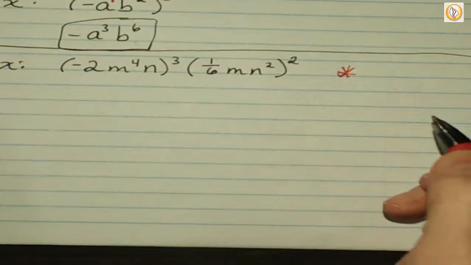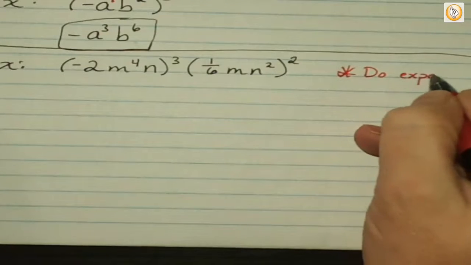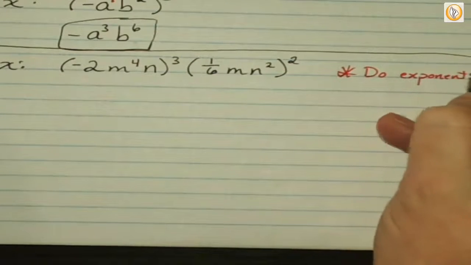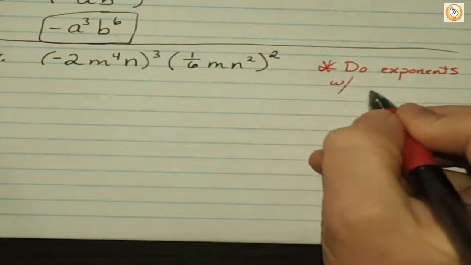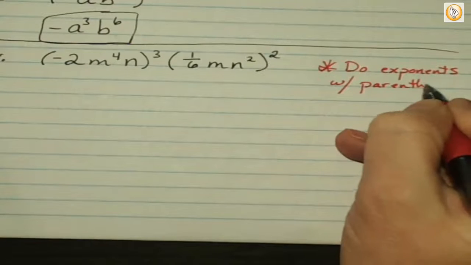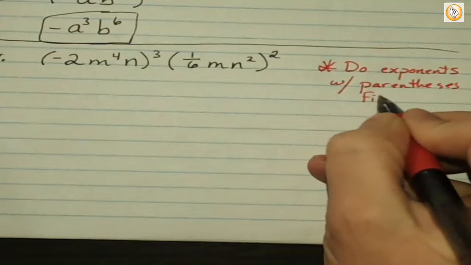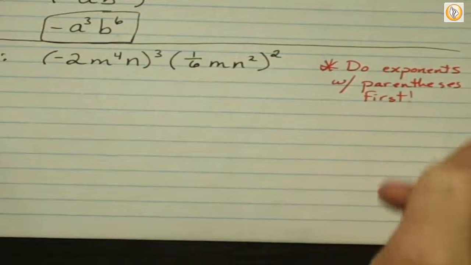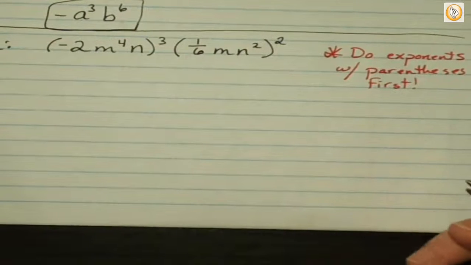I'm going to add a little note here. You're going to do exponents with parentheses first. So do the exponents with parentheses first.